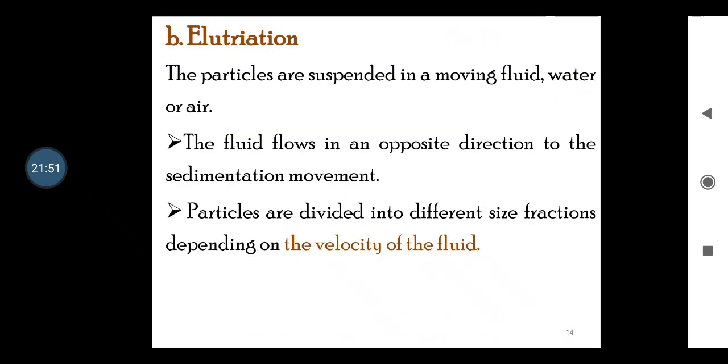So as far as elutriation is concerned, the particles are suspended in a moving fluid, water or air. One thing you can understand here is that you don't have to rely on only one medium, either water or air. You have a selection criterion depending upon the nature of the samples to be separated, so you can use fluid, water, or air as the fluid stream.